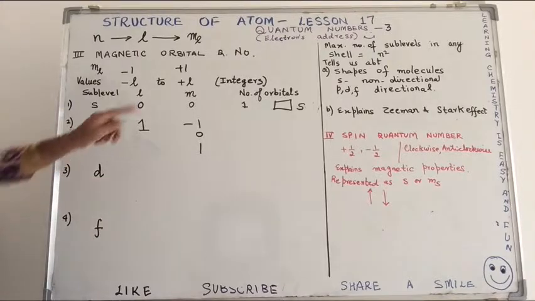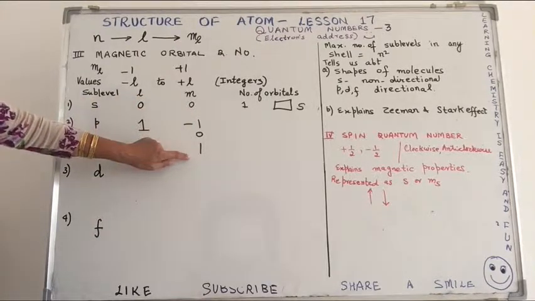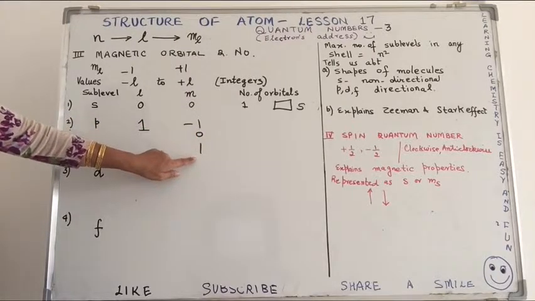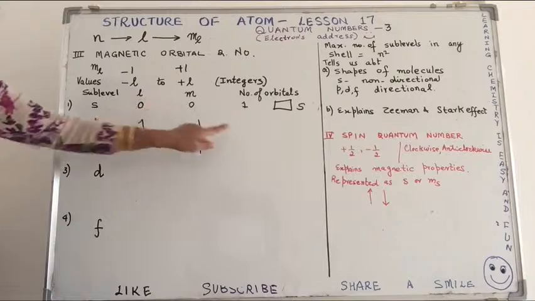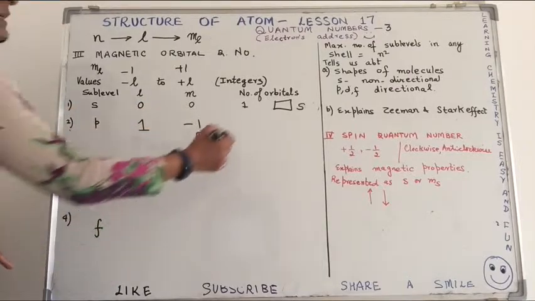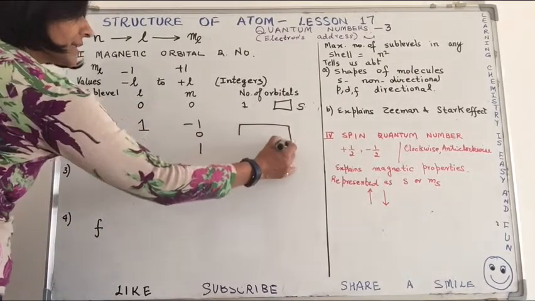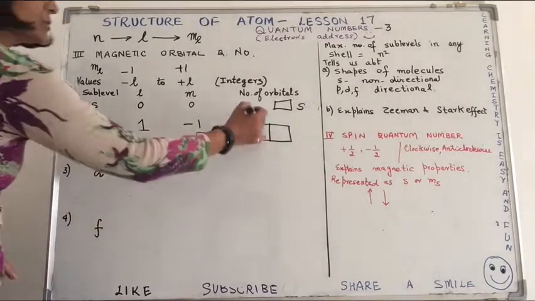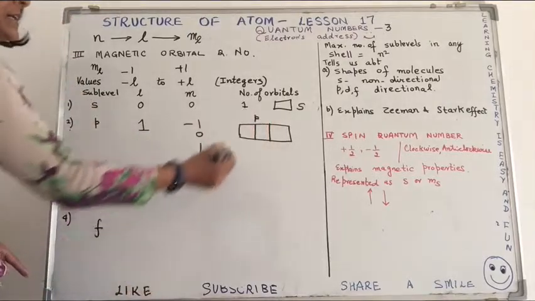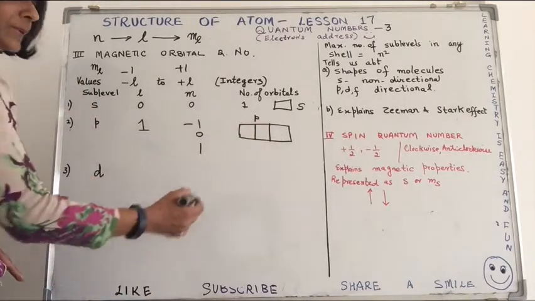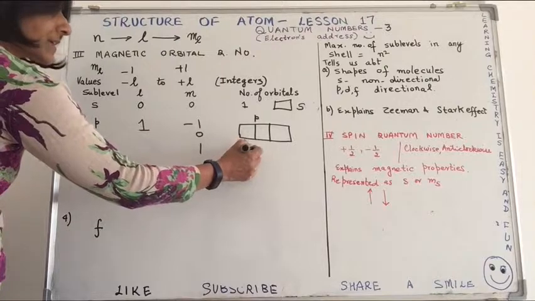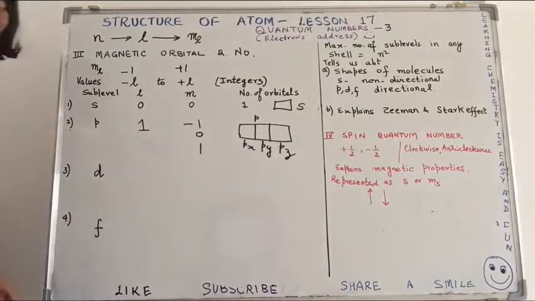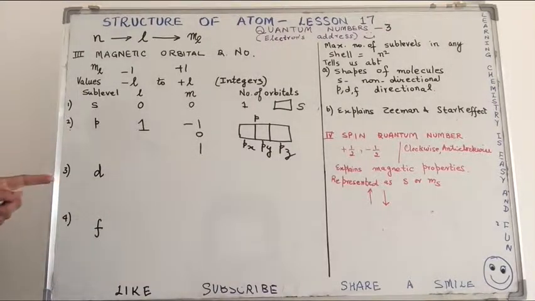As I said, see the number of values, not what values. So 1, 2, 3. Your P sublevel has 3 orbitals, which you will find denoted by this indication. So this is your P sublevel divided into 3 orbitals. These are what we had studied as Px, Py and Pz.